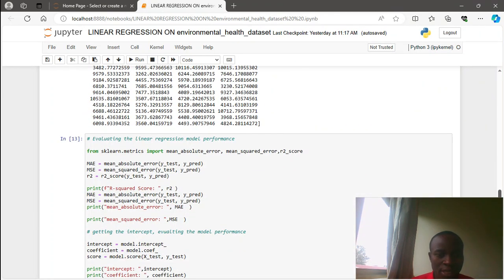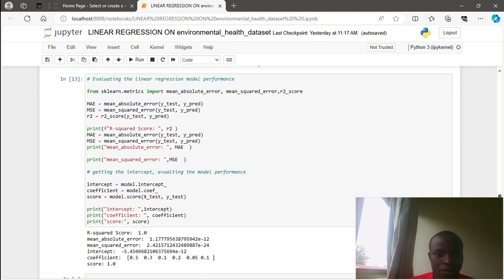So I had to evaluate the linear regression model performance from scikit-learn metrics, import mean absolute error, mean squared error and R2 score. So I had to define them. So I had to abbreviate them.